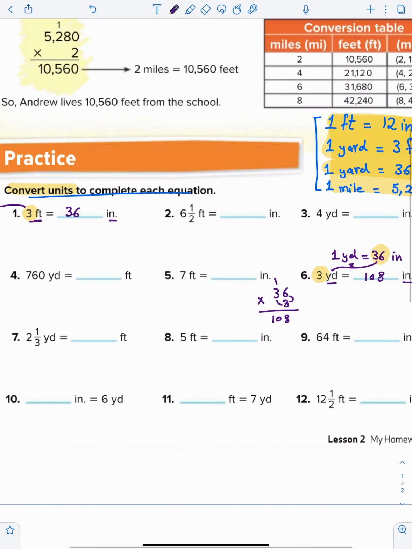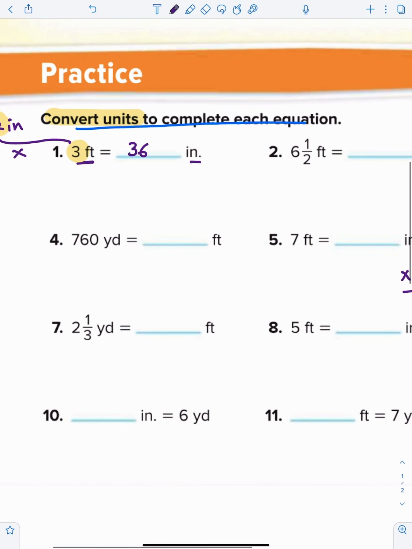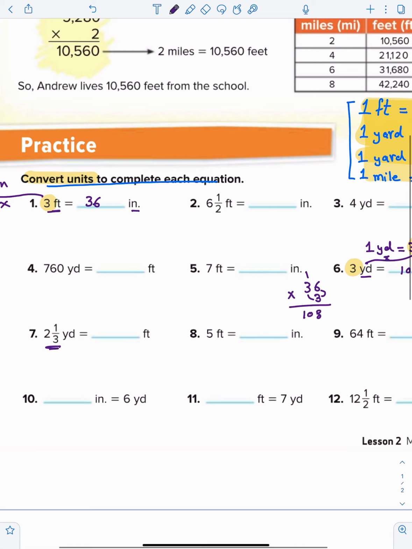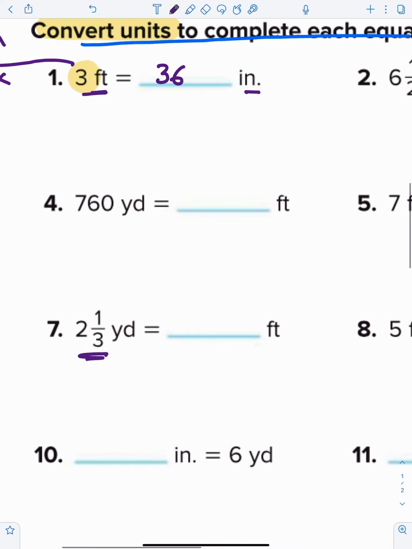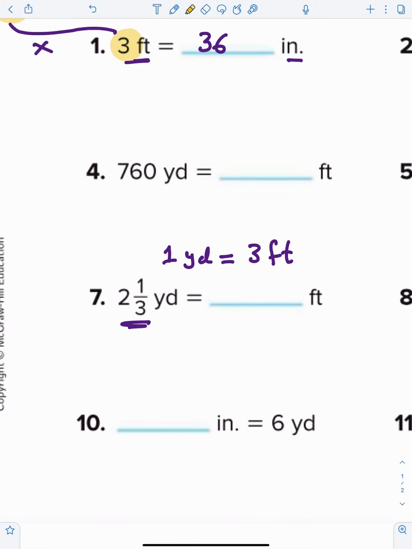Let's take another one. In some questions you may have something like this, 2 and 1/3. How can I do it? Same steps. So yards and feet. I know that 1 yard is equal to 3 feet, right? Let's do that. But since I have here a whole number and a fraction, I will do it in 2 steps.